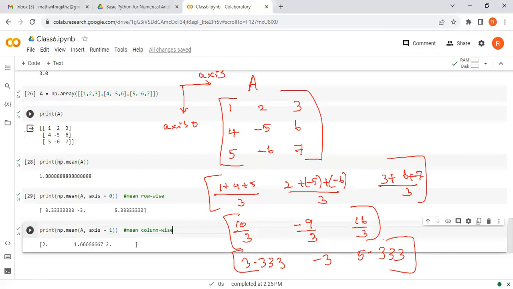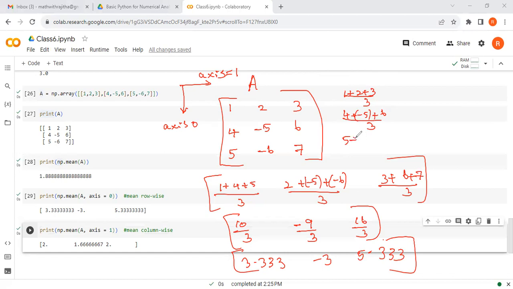So when the axis is 1, what happens? In this direction, it is 1 plus 2 plus 3 divided by 3, then 4 plus minus 5 plus 6 divided by 3.